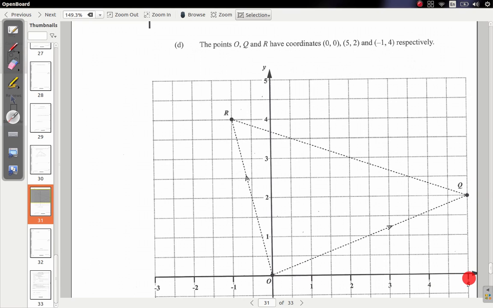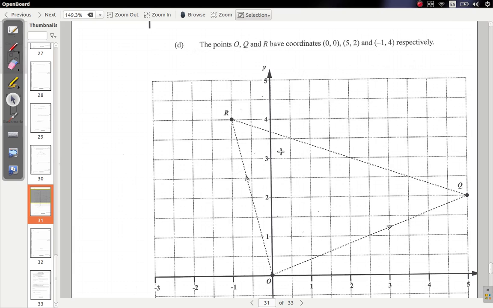It's above x equals 5 and beside y equals 2. And negative 1, 4. This is above x equals negative 1 and is beside y equals 4. That is R. You can see that. Respectively means in the same order that they were mentioned.